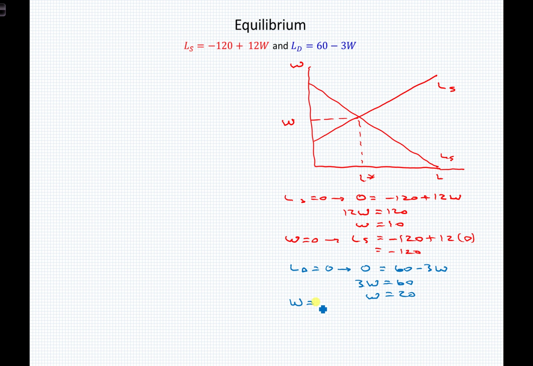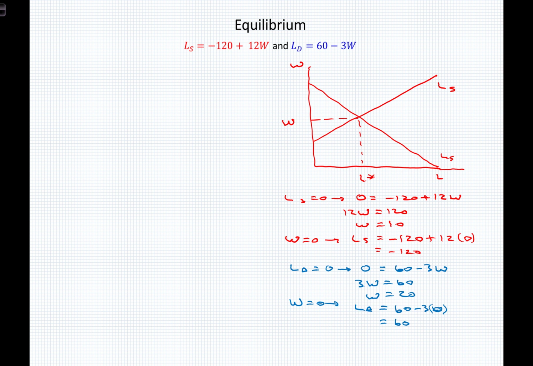But when wage is equal to 0 in the labor demand relation, then we have labor demand is equal to 60 minus 3 times 0, which means it's simply equal to 60. And recall that we can do this because when we are on any point on the W or Y axis, the value of labor is 0. Similarly, any point on the labor or x-axis, the value of W is 0.